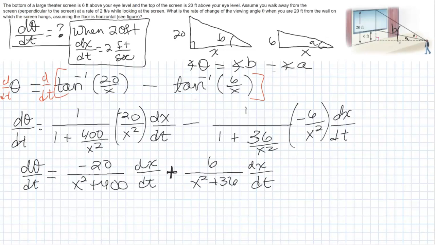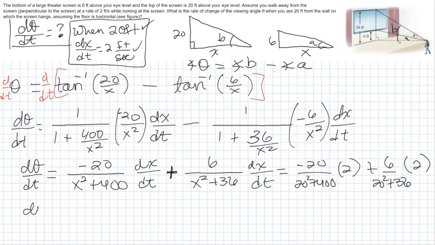Now we're going to pause there and ask, what information was given to me, and what can I do with that? We replace dx dt with 2, and x is 20, so that would be negative 20 over 20 squared plus 400, multiplied by 2, plus 6 over 20 squared plus 36, multiplied by 2.